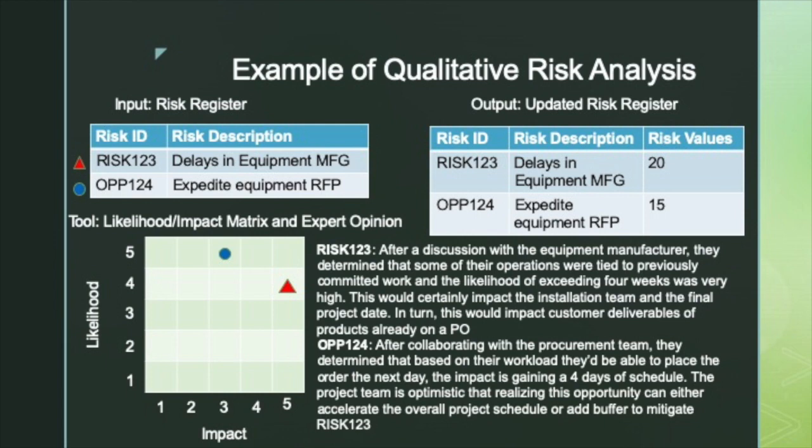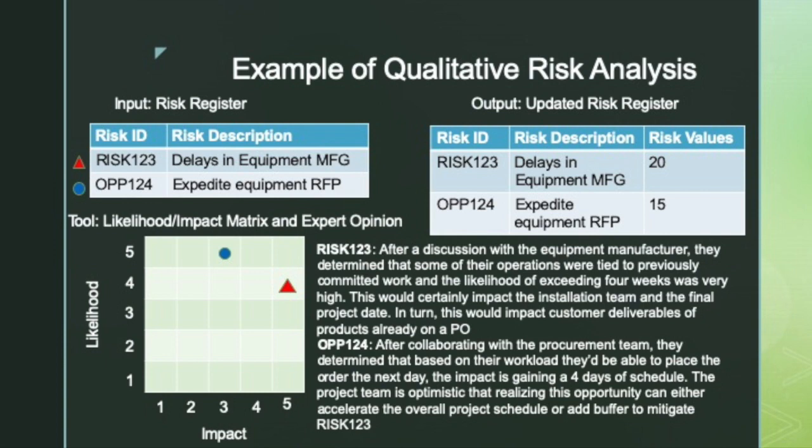For this week's example of qualitative risk analysis, we're going to build on the example from last week from risk identification. If you recall, we were looking at the procurement, manufacturing, and installation of new equipment on a manufacturing facility.